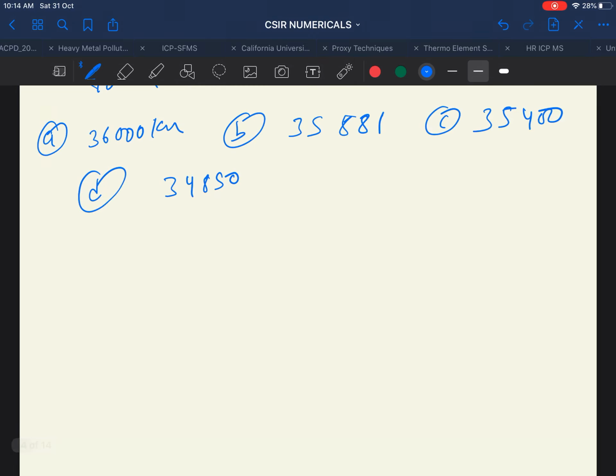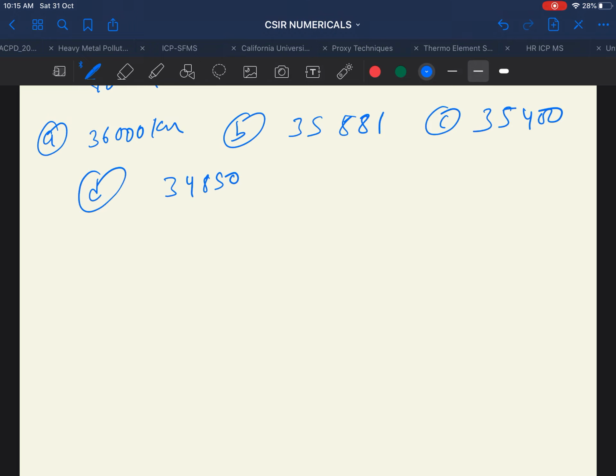Now let's build up a concept first. These artificial satellites, such as weather satellites orbiting the earth, obey the orbital mechanics of planets. We know that the planet also rotates in 24 hours on its own axis, and here the revolution period of the satellite around the planet is also the same, that is 24 hours.